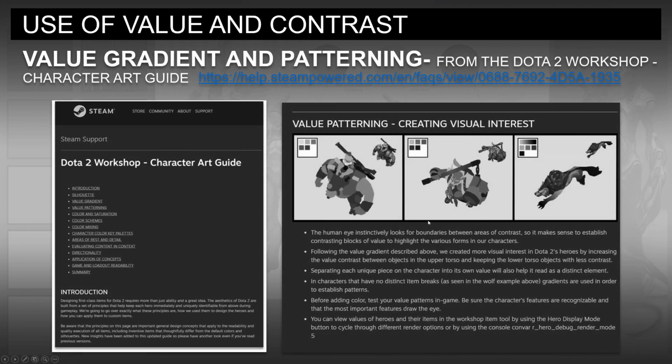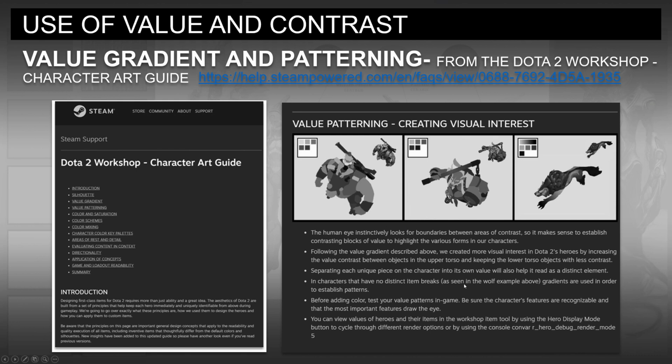I also wanted to draw your attention to the Dota 2 workshop character art guide. Again, there's a lot of great information within this guide that helps you build for their game. In there, they've got some core art principles that work really well. If you take a look at their value section, they've got a section for value gradient and value patterning. I wanted to show you the patterning part, which I think is pretty important.